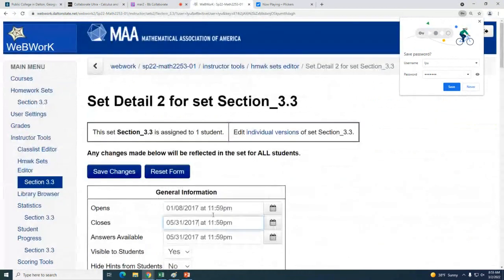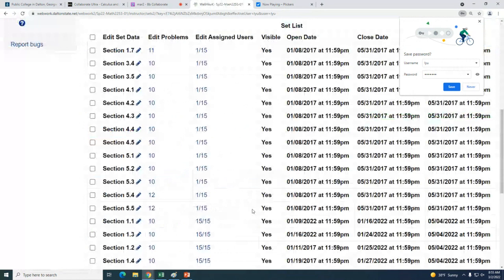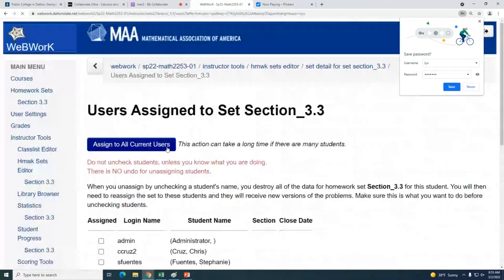Assign this beforehand so you can actually see it when you log in.